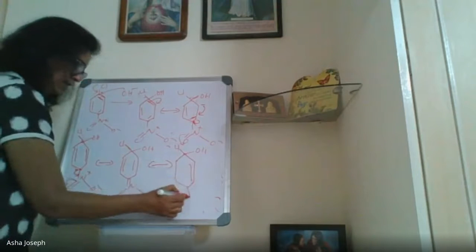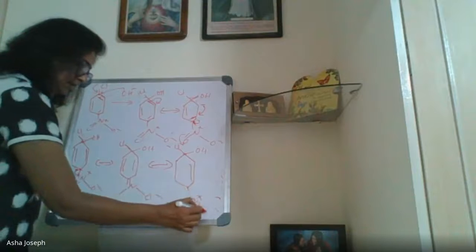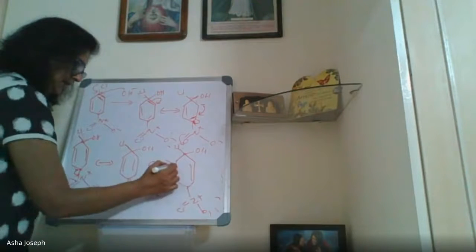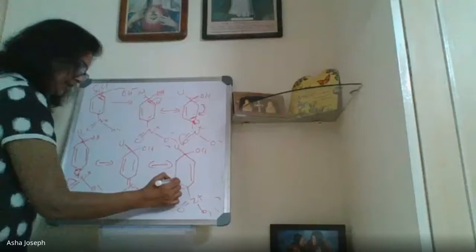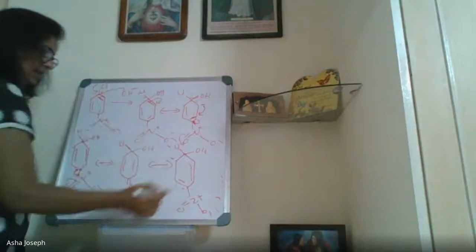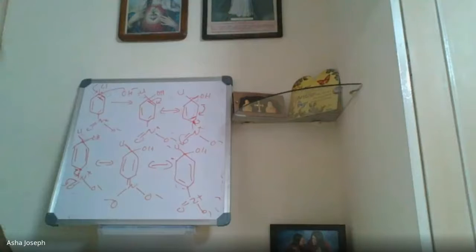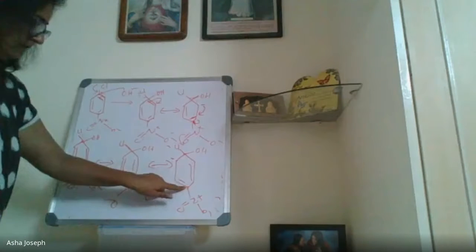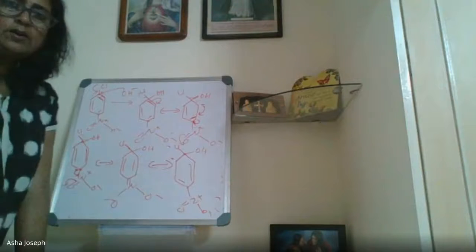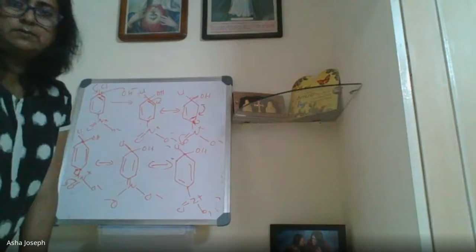And instead of going to this, it can come. See, if that was the structure, it will form a bond here. Then this is another resonance structure, isn't it? So 4 resonance structures are possible.